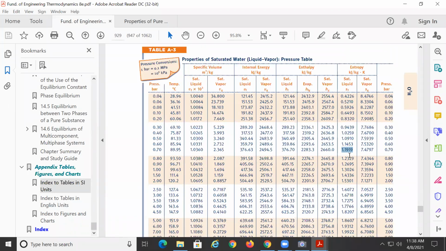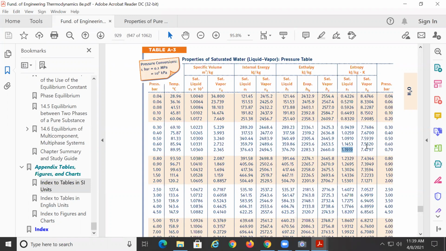So 1.1919 plus 1.2329. You add them together and you divide that by 2, and that will be at 0.75, no? 1.2124. Okay.